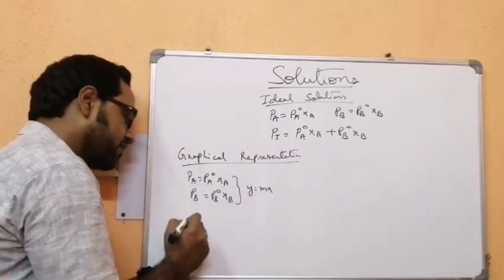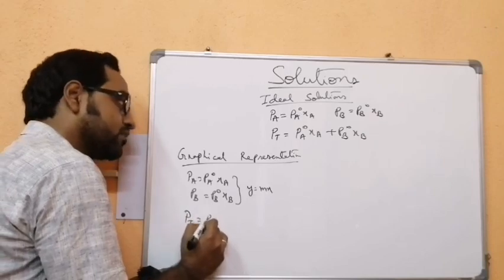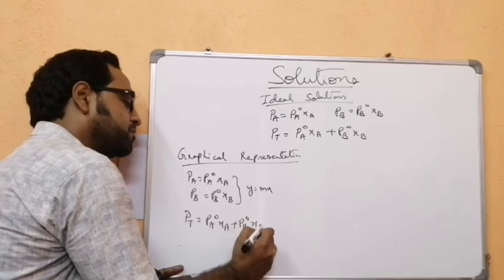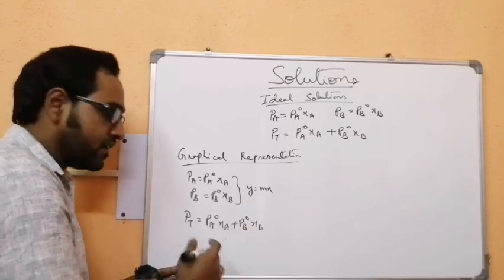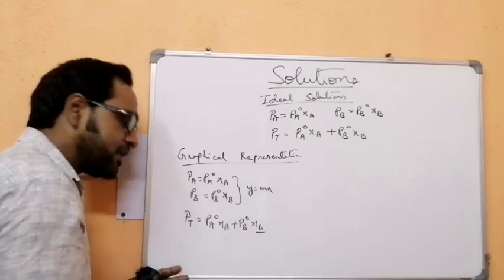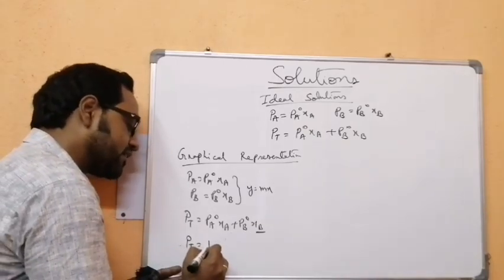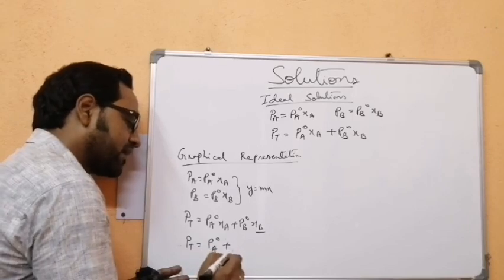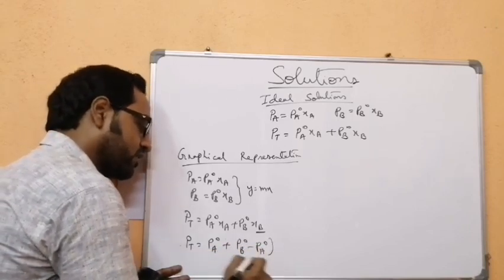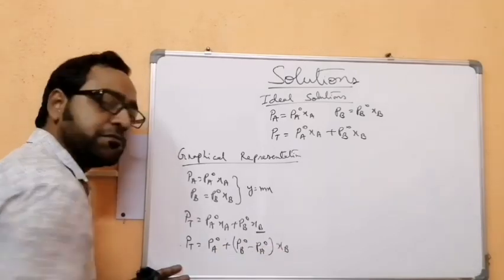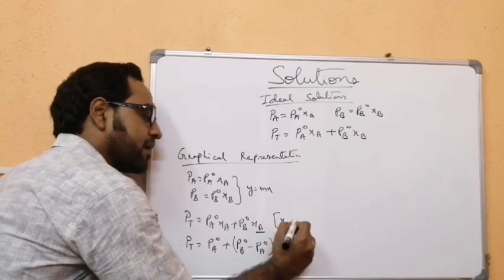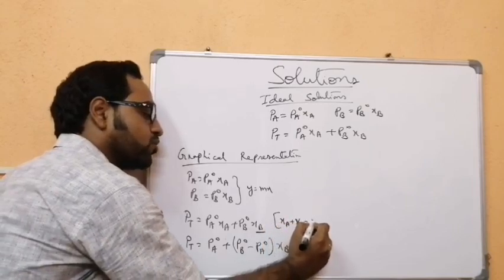Another equation you have is P total is equal to PA naught XA plus PB naught XB. Now if you convert this entire equation in terms of variable XB only, using XA plus XB equal to 1, then you will get P total is equal to PA naught plus PB naught minus PA naught times XB.